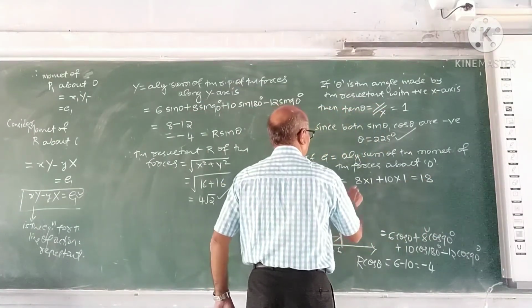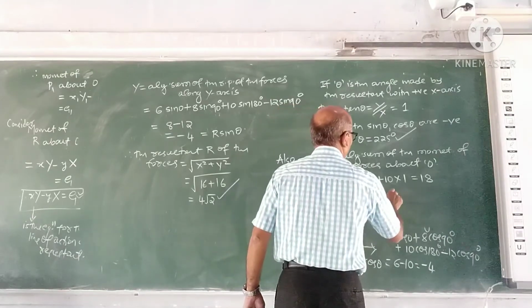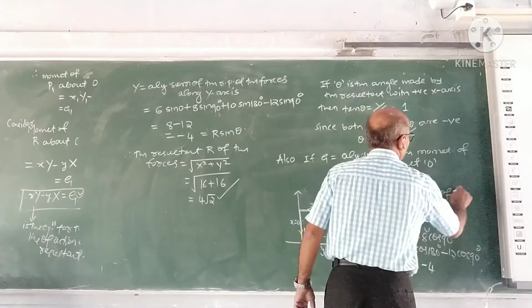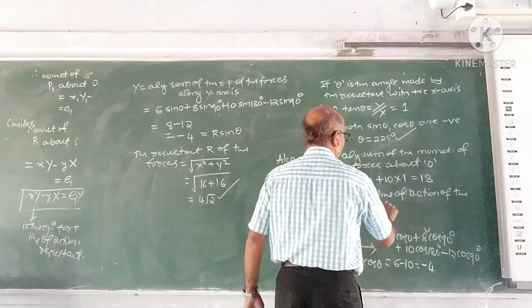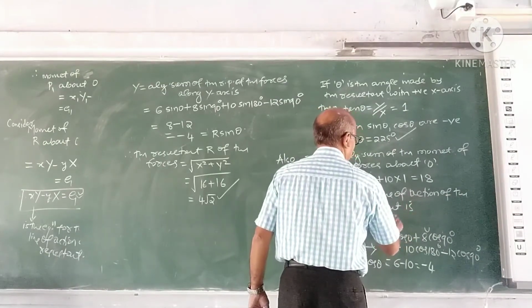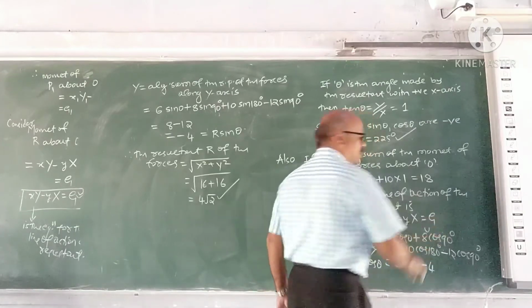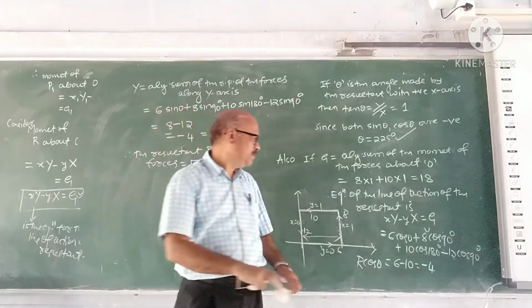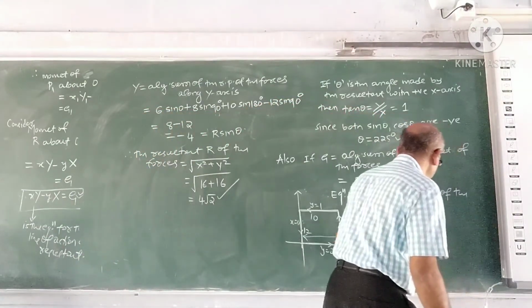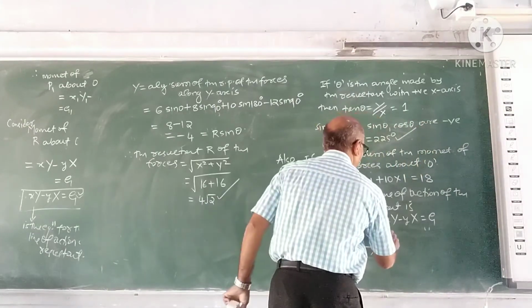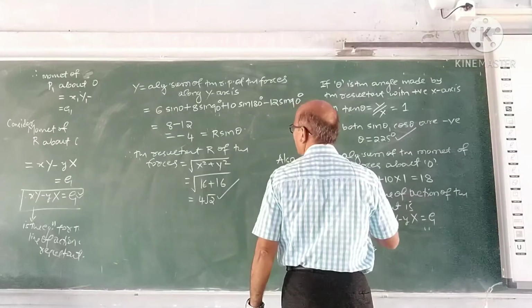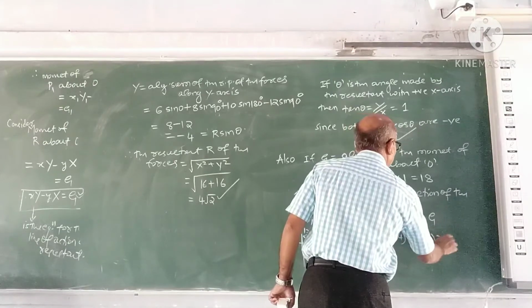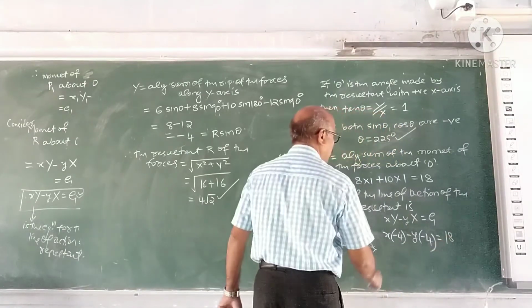Therefore, equation of the line of action of the resultant is small x into capital Y minus small y into capital X is equal to G. So here it is xY minus yX is equal to G. It is therefore x into capital Y, minus 4, minus y into this is also minus 4, is equal to G. What is G? 18.